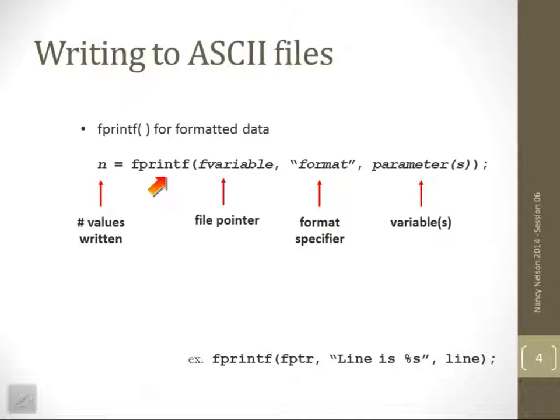Our fprintf, we need the file pointer, we need a format specifier which identifies what information we're writing, and then we have to specify the parameter or parameters. It's going to return how many values it has successfully written. So here we have our fprintf, our link to our file. We're going to write "line is", and we're going to actually write that text plus the line itself right into the file.